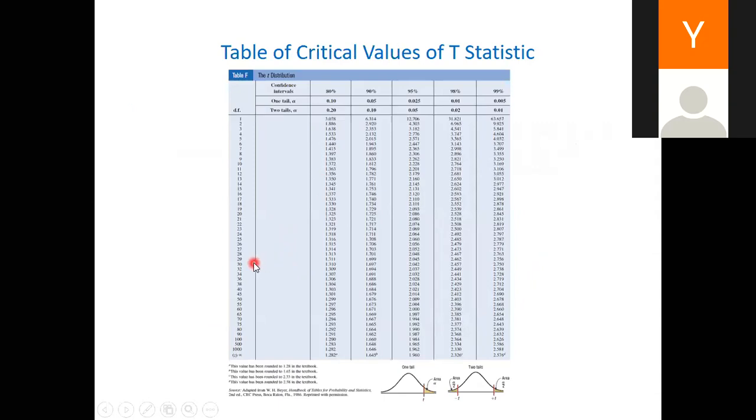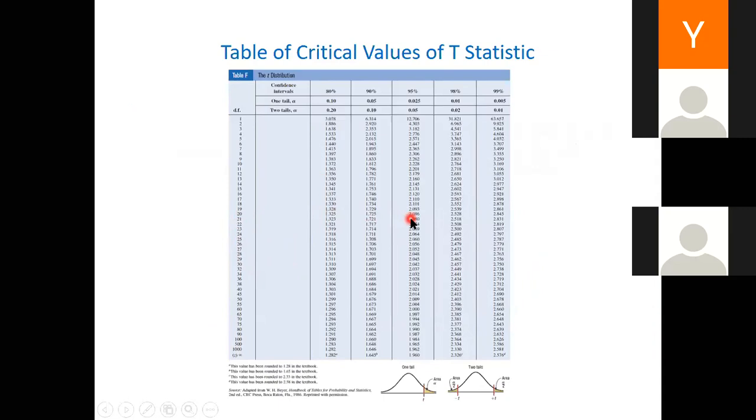The degree of freedom of 19, what is the critical value under 0.05, 95% confidence level? Is it 0.023, right? You cannot see? No, it's tiny. Yes, sorry. I can see it.